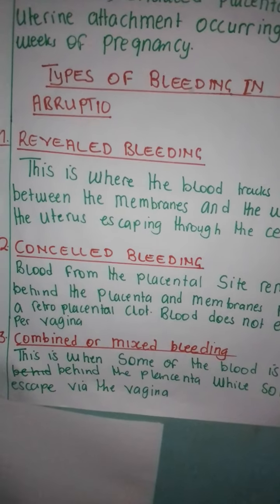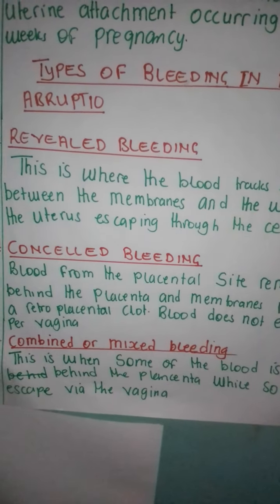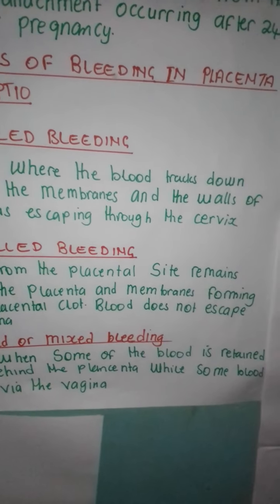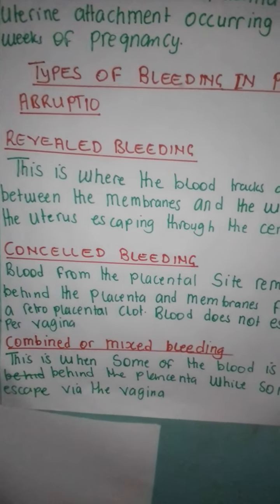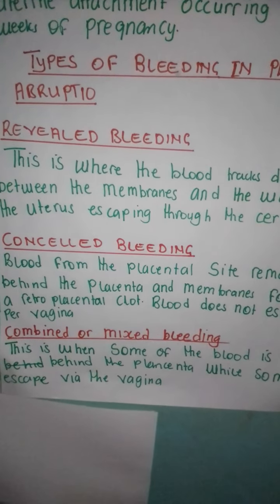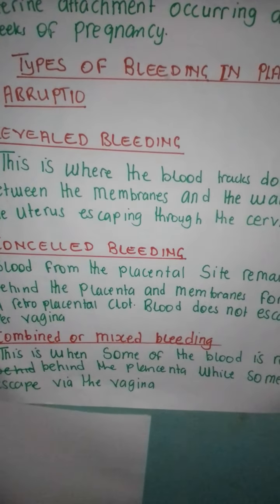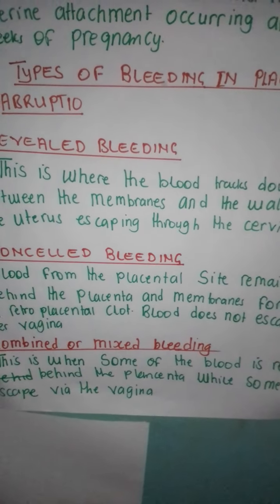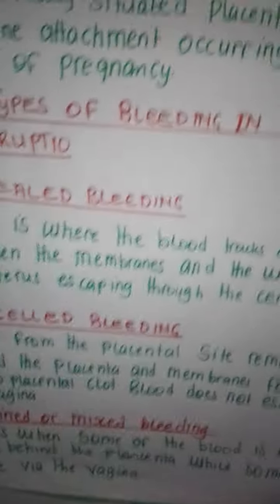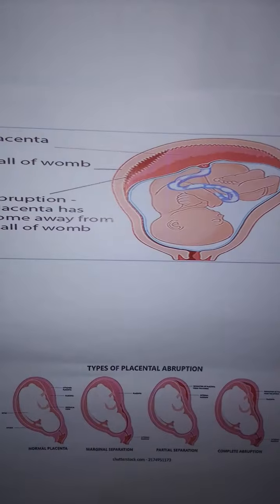Then we have combined or mixed bleeding. This is when some of the blood is retained behind the placenta while some of the blood escapes via the vagina.